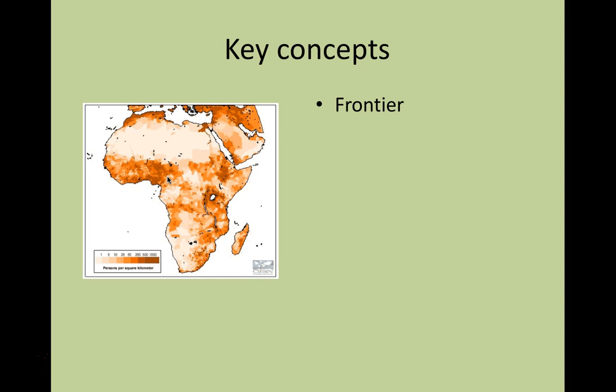The same thing went for Europe in the Middle Ages, by the way, where there was this frontier on the east, where peoples from Western Europe moved gradually over time, and the frontier line continued to move. In Africa, the frontier is different. There's not necessarily one defined line, okay?